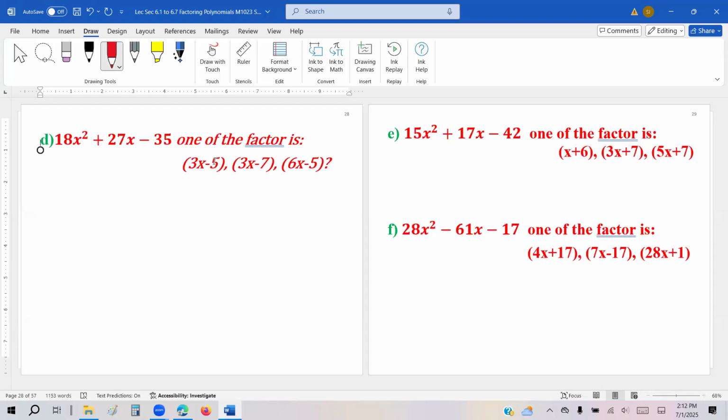The middle term is positive. That's a smaller number.